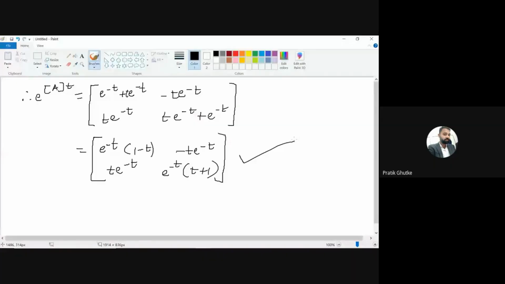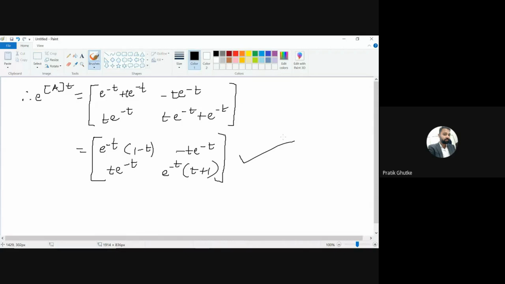Okay, what they have asked in the numerical. First of all, we have calculated the matrix A from the state model equation. The state model equation is nothing but x dot equals Ax plus Bu, and then y equals Cx plus Du. From that I have calculated matrix A, and with the help of this matrix A, by using the Cayley-Hamilton theorem principle, that is, let f of A equals e raised to At, I have calculated this as a state transition matrix.